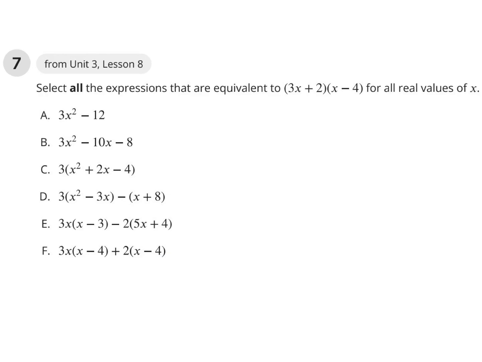Okay, so now let's do this. Let us multiply, multiply, multiply, multiply.